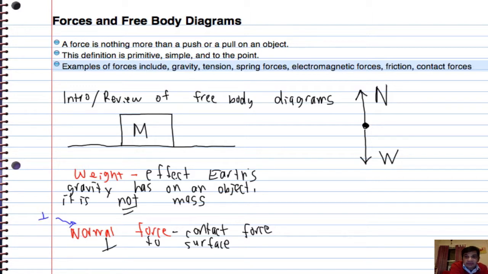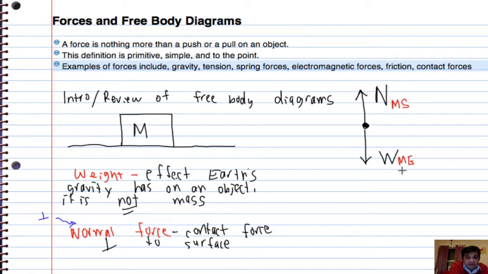Now, here's the thing that we're going to be doing differently in AP Physics that I expect you to do in your free body diagrams. This normal force acts on the mass m because the surface is in contact with it. And this weight W acts on the mass because Earth pulls it.